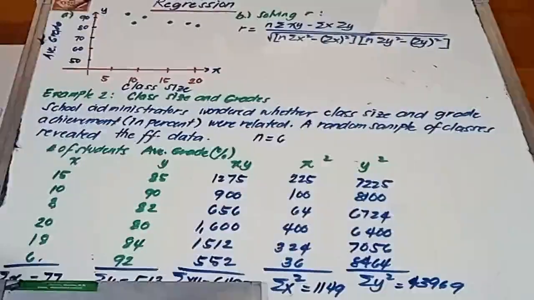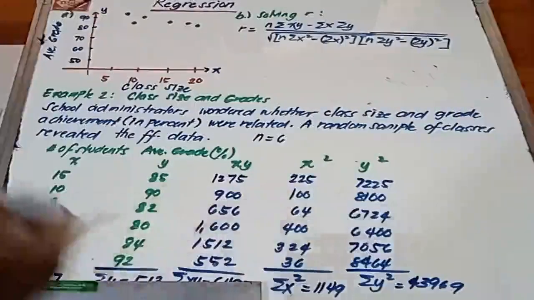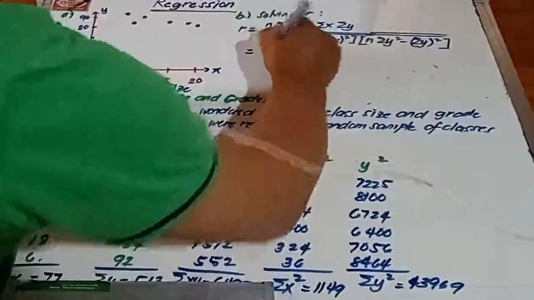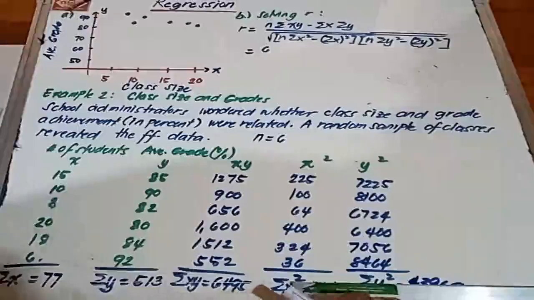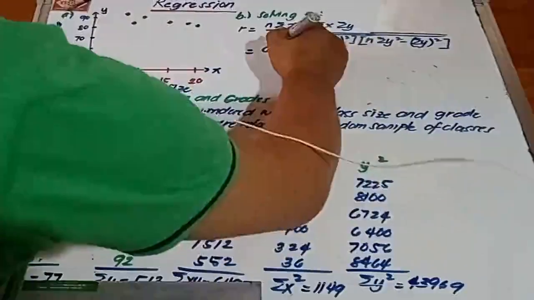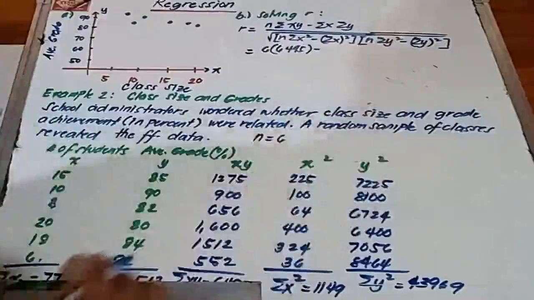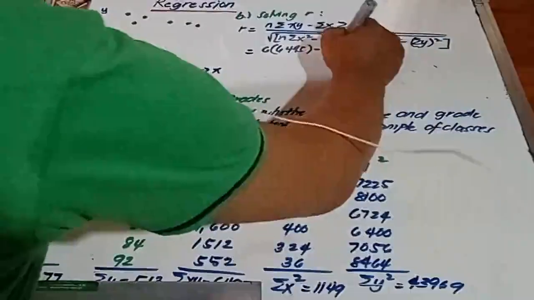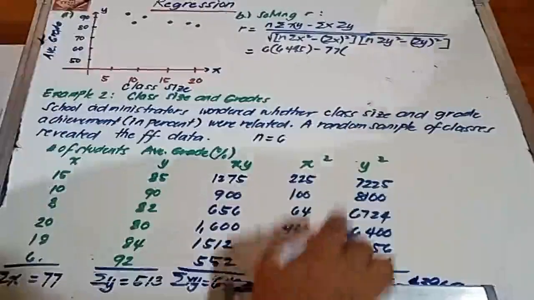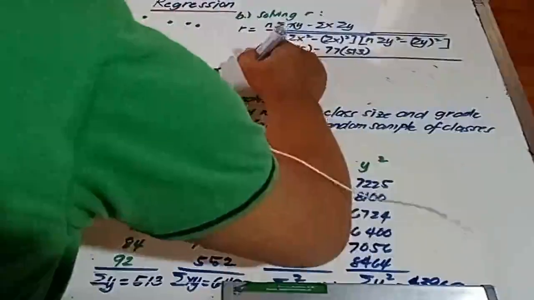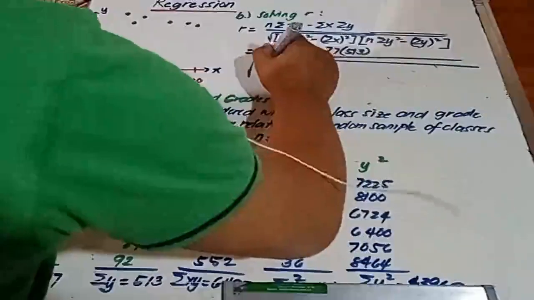Okay. Now, pwede natin makompute yung ating correlation coefficient. Substitute natin yung given values. We have n is 6. Summation of xy is 6495. Okay. 6495 minus summation of x is 77, summation of y is 513, all over square root of, we have 6.